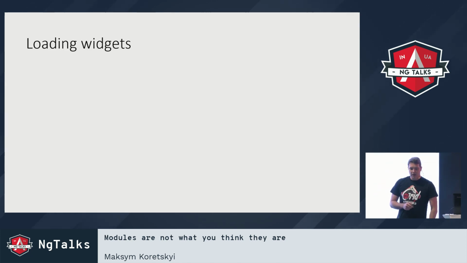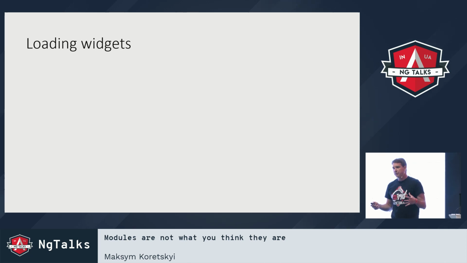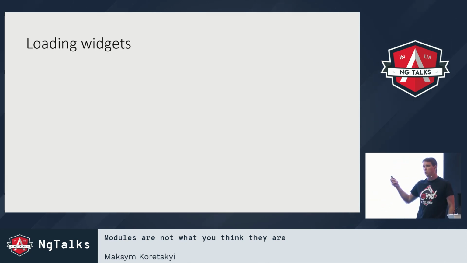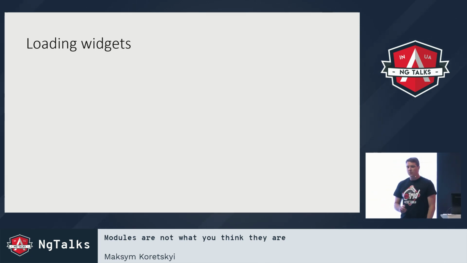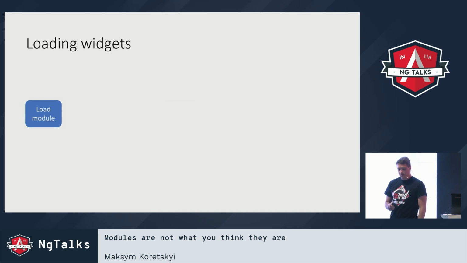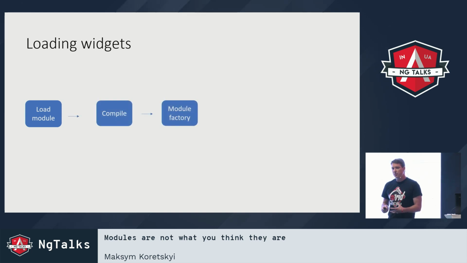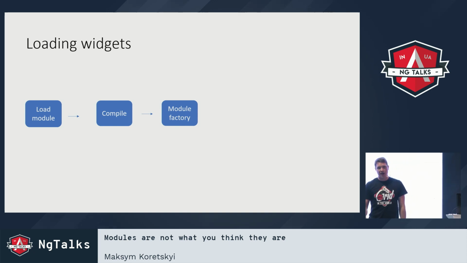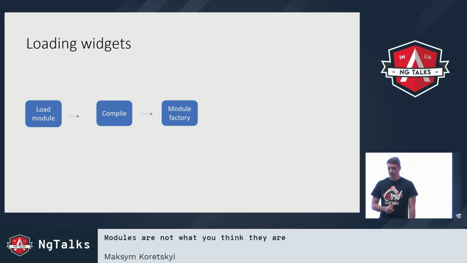All right. Now, I've shown you the background. Now let's get back to the process and the question I started with. So here's how I implemented loading third-party widgets. We load the JavaScript class, we compile it, and we get a module factory. You already know that.